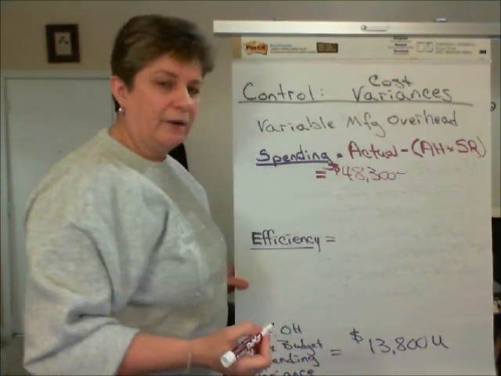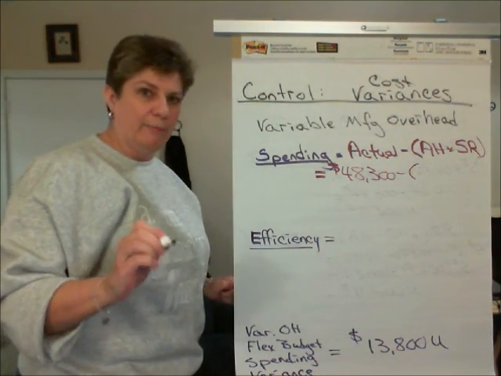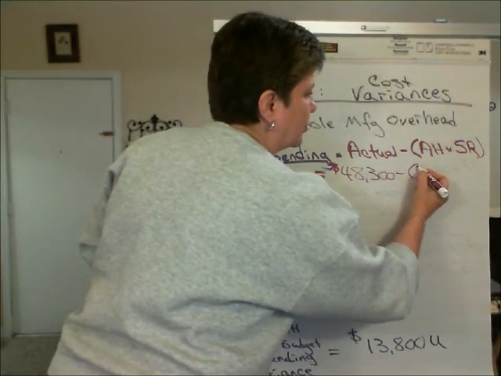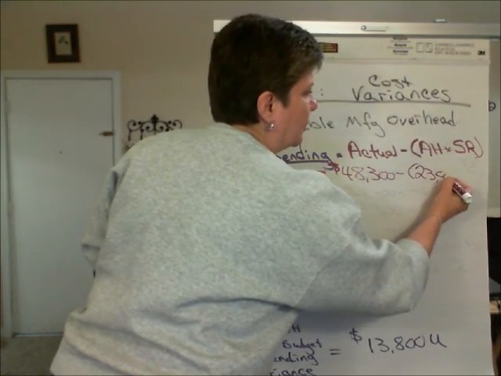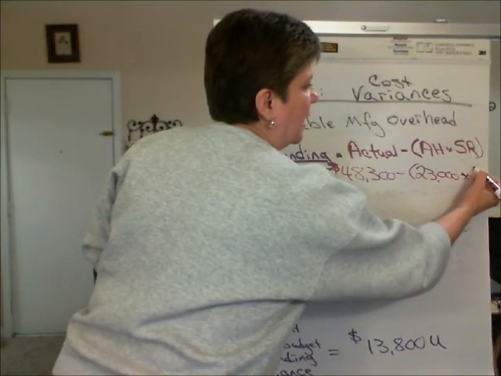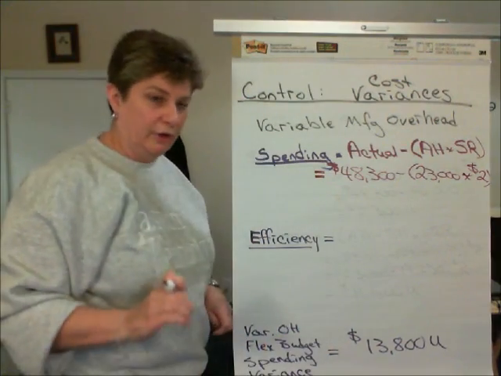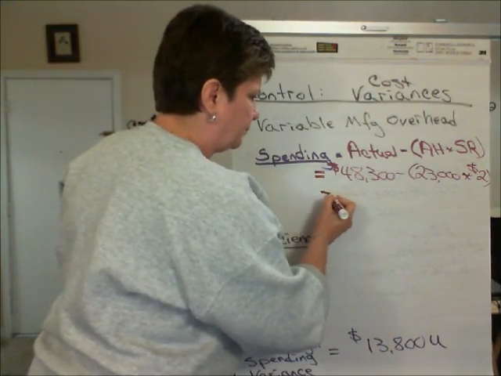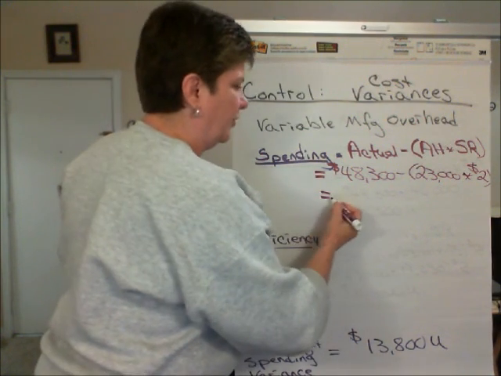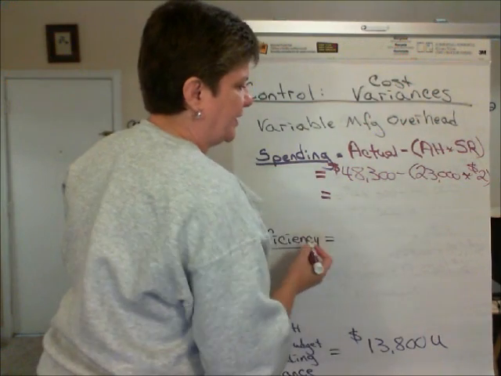And then we'll compare that to what overhead cost should have been based on the standard for the actual hours worked. So 23,000 actual direct labor hours times $2 per hour, the variable overhead rate. So let's see, 23 times 2 is 46,000. So we've got 48,300 minus 46,000.